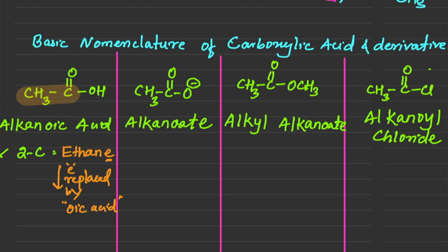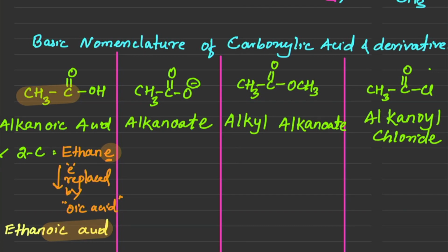So that's the simple terminology right there. How would you name it? It's going to be ethanoic acid. So ethane, then the E is gone, and instead we get oic acid. So that's ethanoic acid.